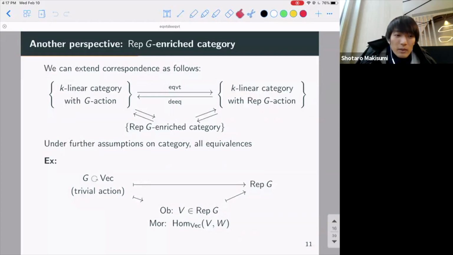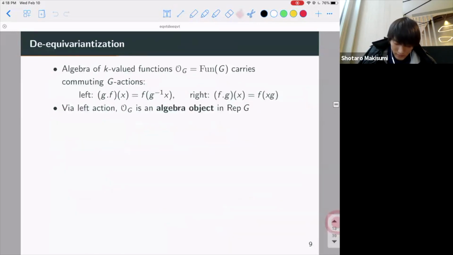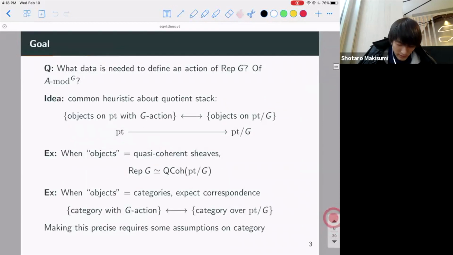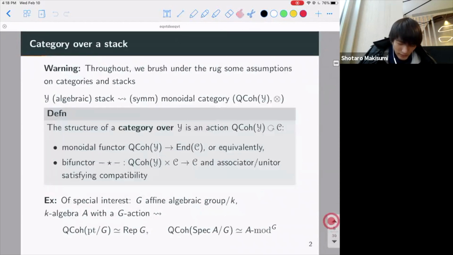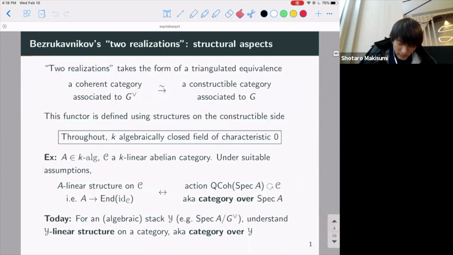Yeah, so that will in fact come up in our series of talks later, because as Ivan was saying, the side is the Steinberg, and as one step towards that, we're going to be considering the Springer resolution. So we'll have to do this kind of thing where the stack is the Springer resolution mod G check.